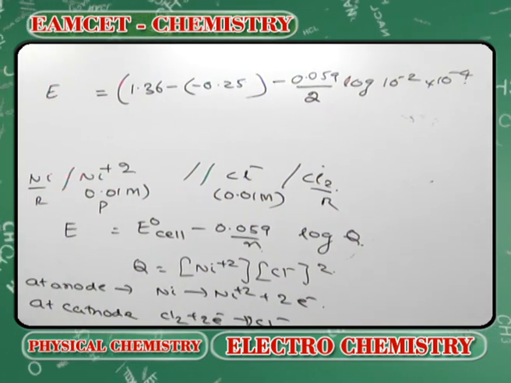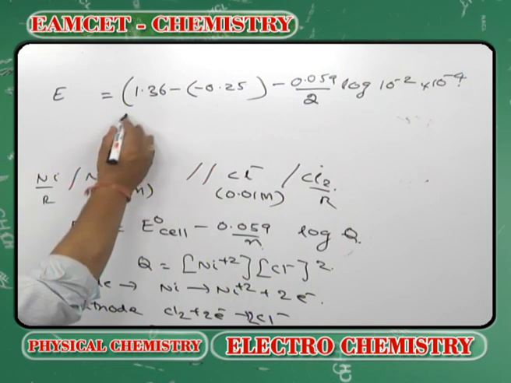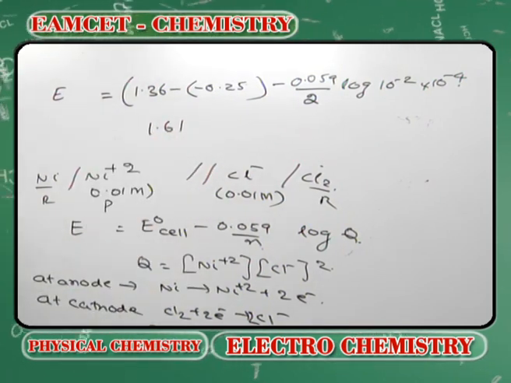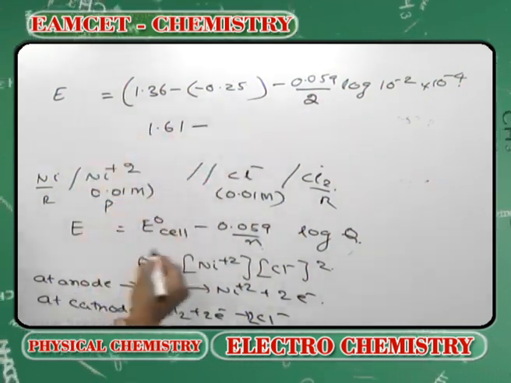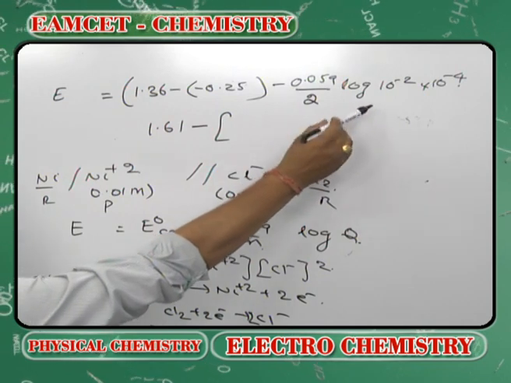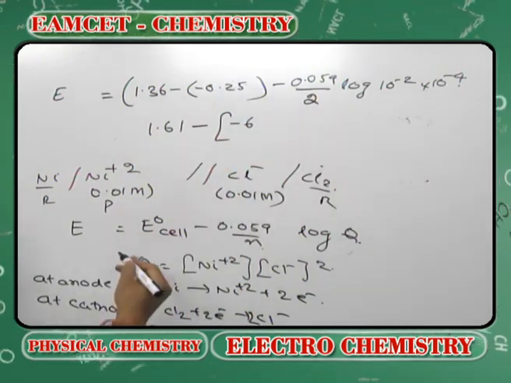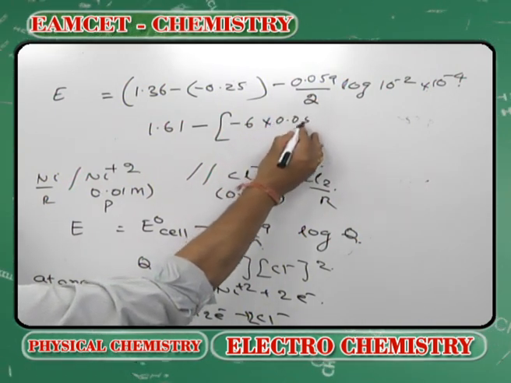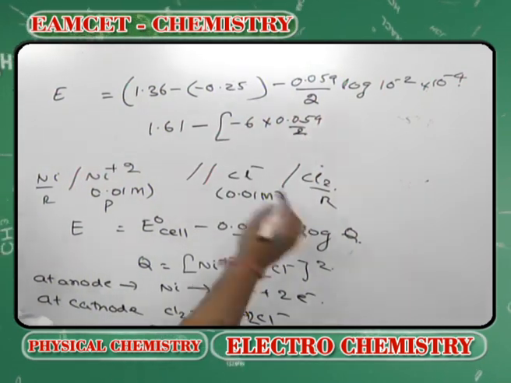So, on simplifying it, you will get the answer. What is this value? 1.61 minus log 10 to the power minus 6, which means minus 6, into 0.059 by 2.